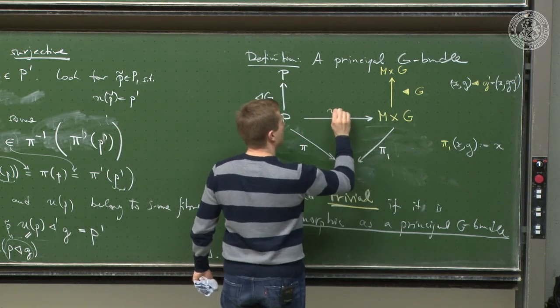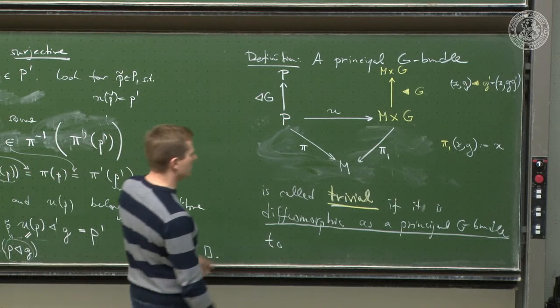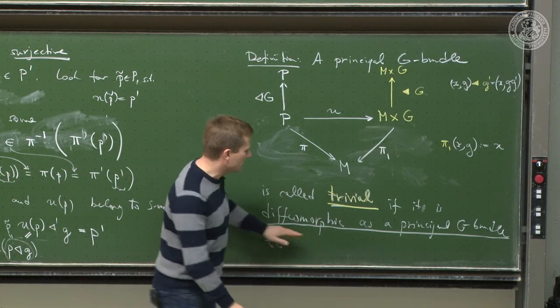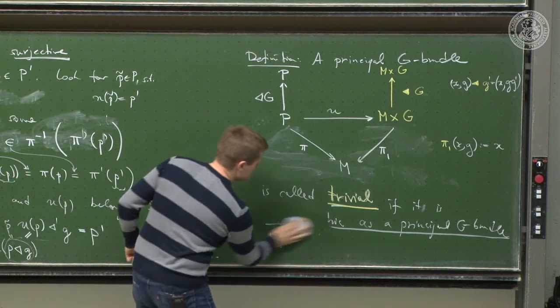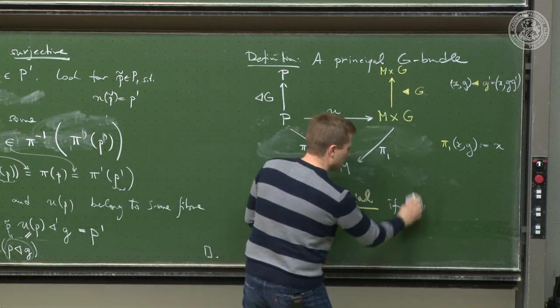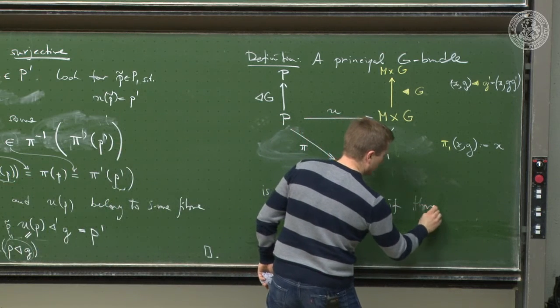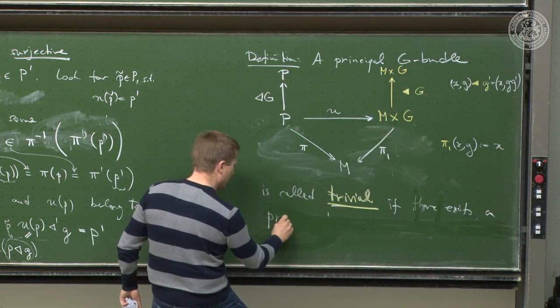If you have a map u that goes from there to there, if there is such a principal bundle map u, if it's diffeomorphic to a principal G bundle, but this is actually saying too much because we already have the theorem, we should say it's trivial if there exists a principal bundle map u.